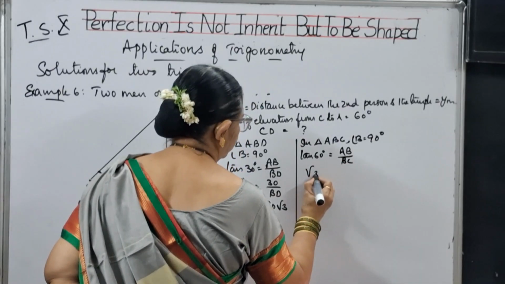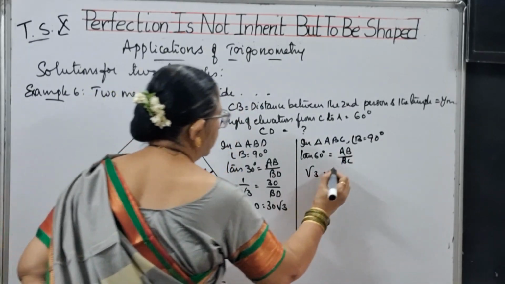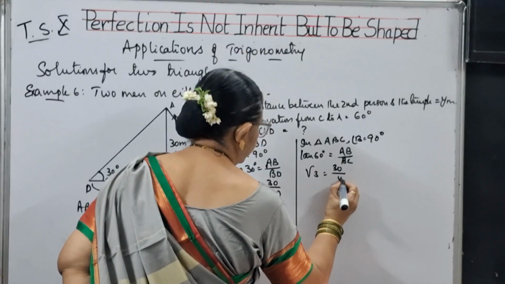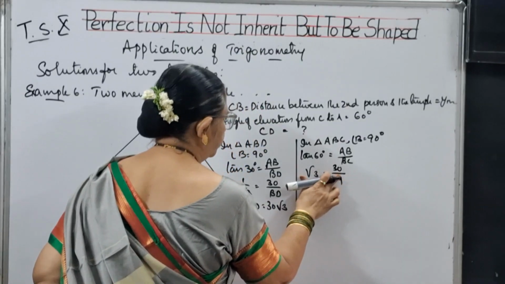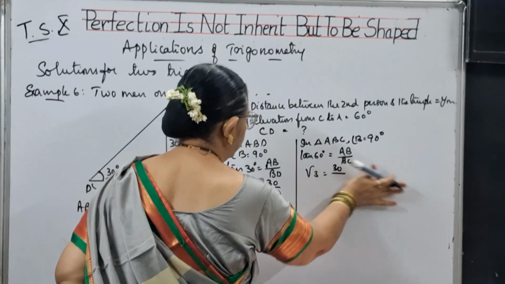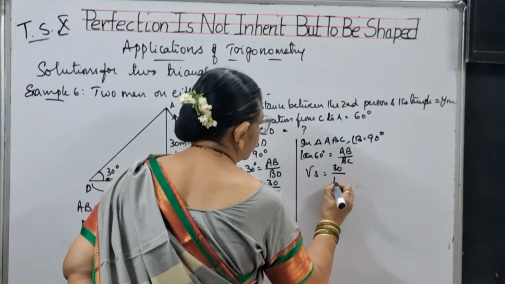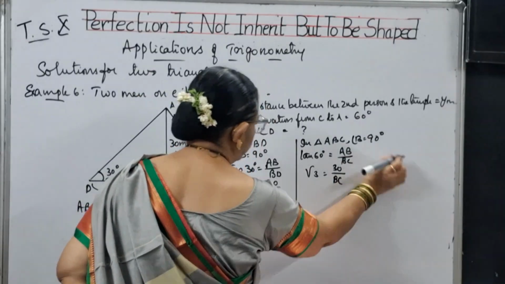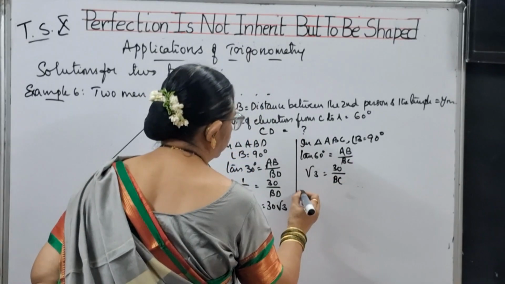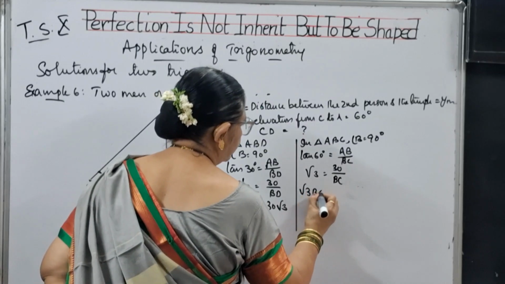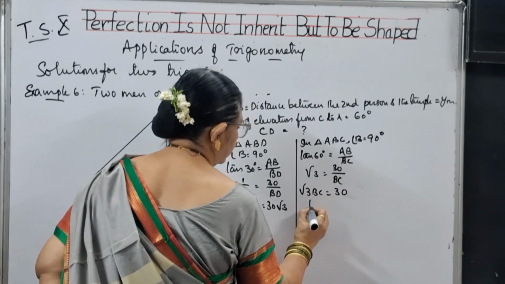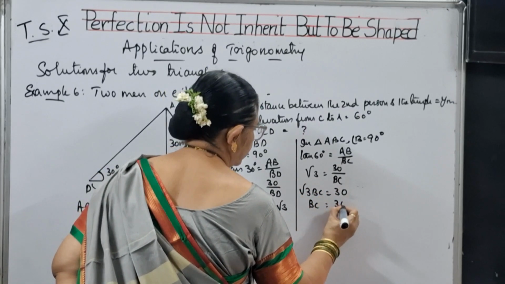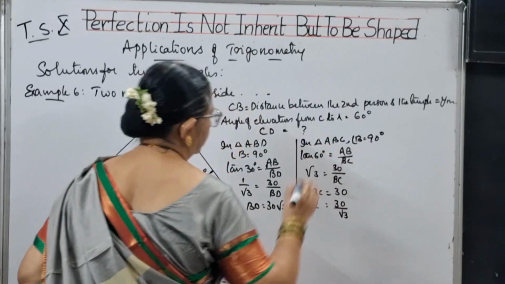Tan 60 is root 3 is equal to AB 30 by BC. Here I have taken BD as this, so BC. Okay. So what will you be getting? Root 3 BC is equal to 30. What is BC? 30 by root 3.